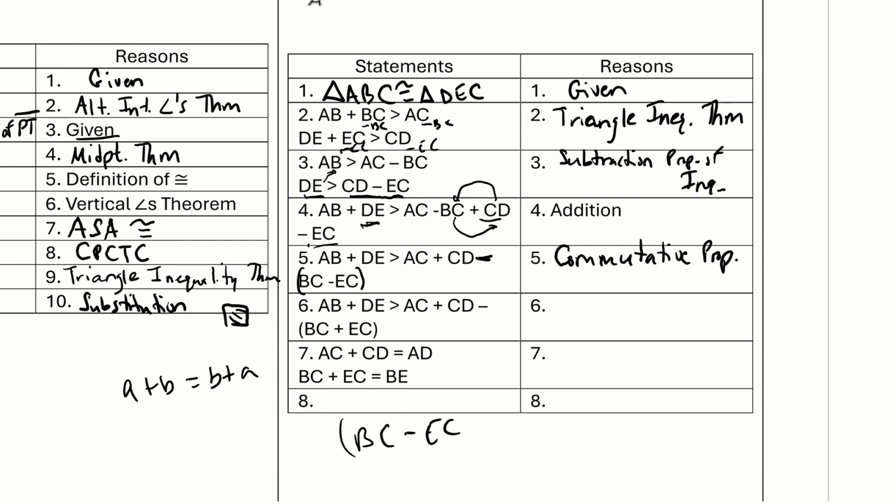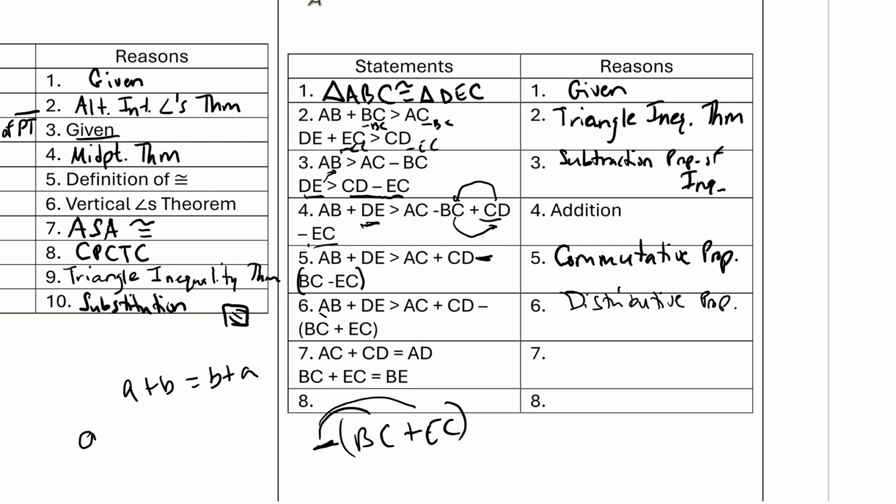I put it together, but there's a negative here, so I've got to distribute the negative. And when I do that, this has to turn positive, right? Because if I distribute this to this equation, I get negative BC and negative EC, right? Which is exactly what we have, negative BC minus EC in step 5. So basically what we did is distributive property. We distributed that, okay?